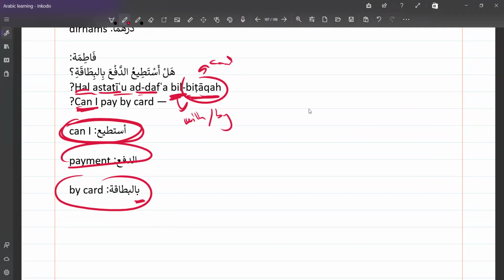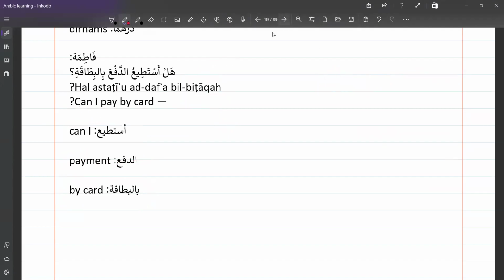The prefix b means with or by. So Fatima is saying, can I pay with card or can I pay by card?